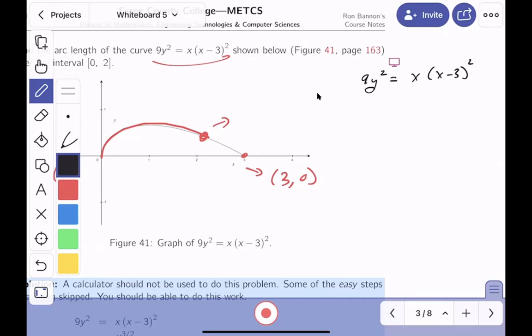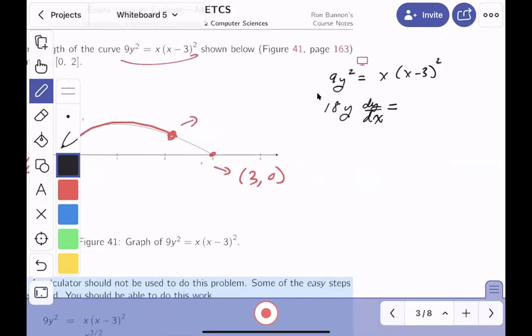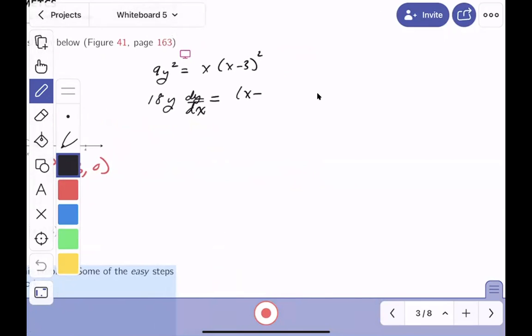And I'm going to differentiate both sides using implicit differentiation. 18y dy/dx equals, well, let's see, it's going to be (x minus 3) squared plus 2x(x minus 3) times 1, so dy/dx is equal to that over 18y.